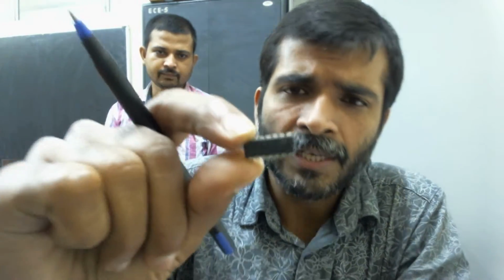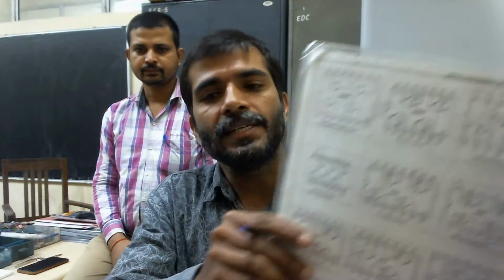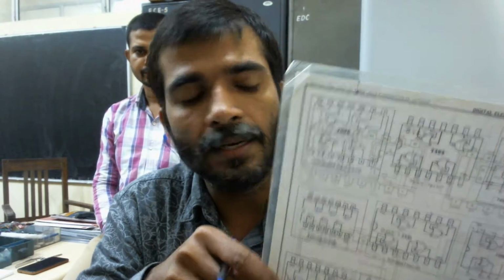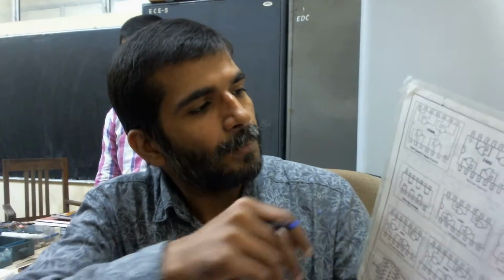See here, it will be having some pins. Description you can find in the specification sheet or the pin diagram. Every IC comes with a specification sheet, and there you will find the pin diagram.